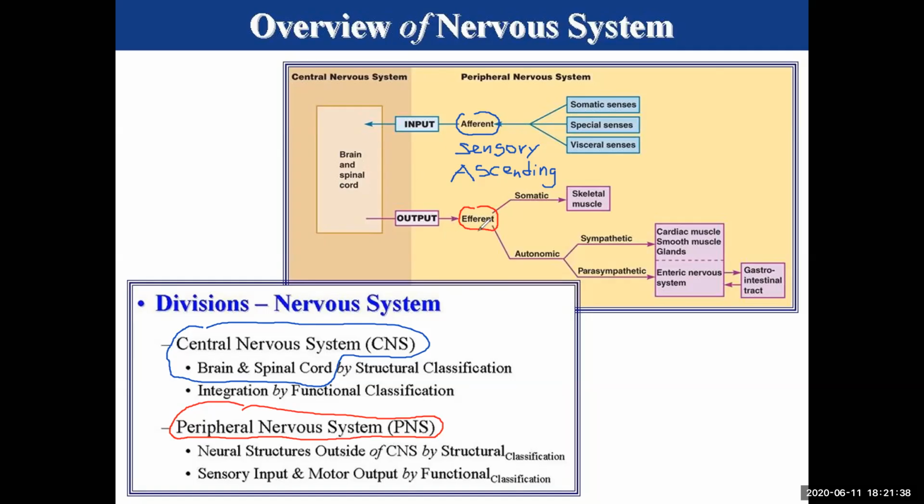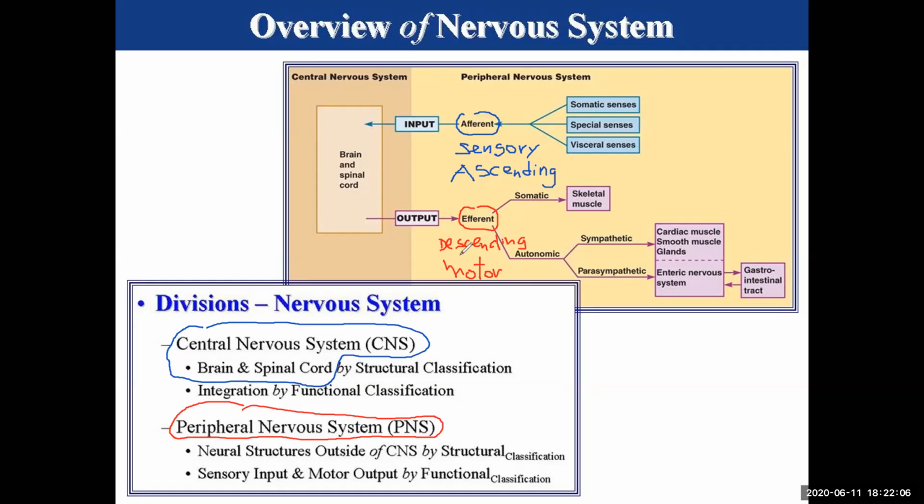So efferent pathway, descending pathway, motor pathways mean the same thing, right?